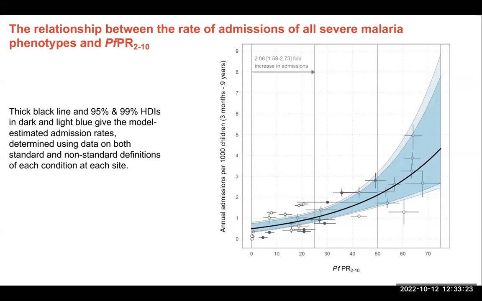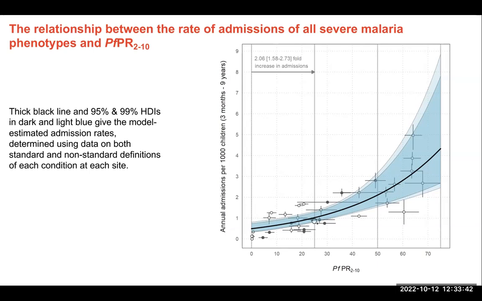And from this graph, we see that at a low parasite prevalence, the rate of severe disease was low, and the severe malaria admission rate was much higher above an infection prevalence of 40% compared to previous work.